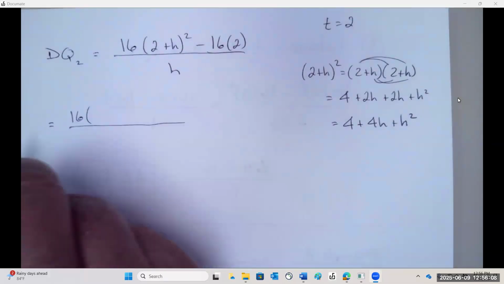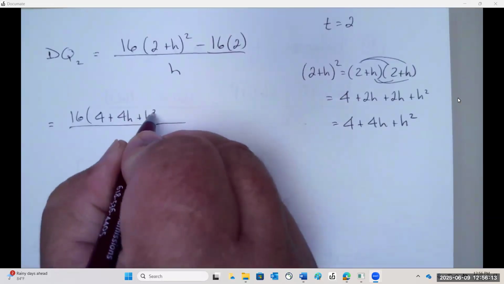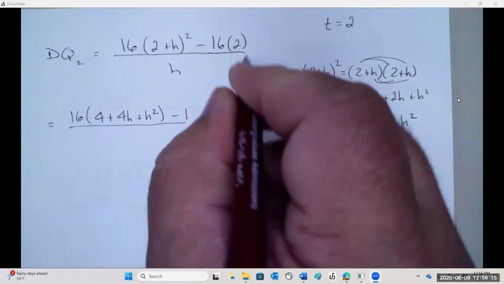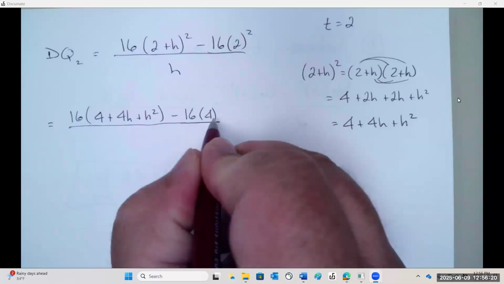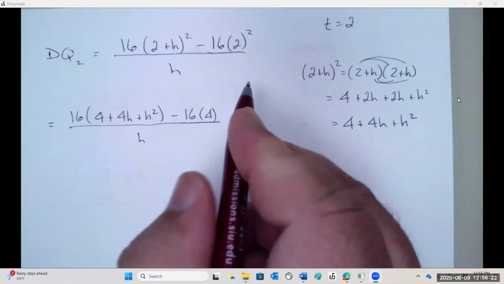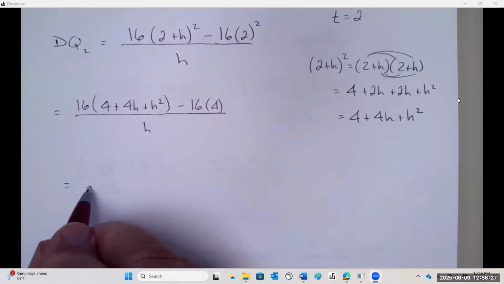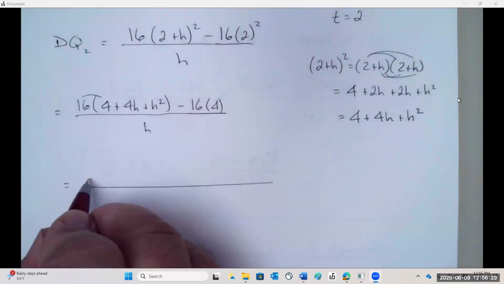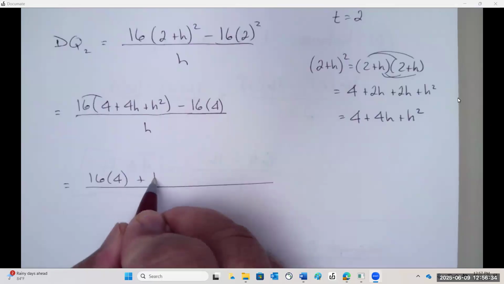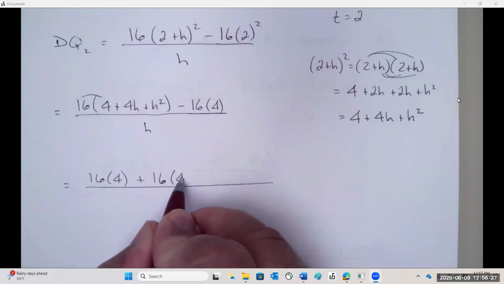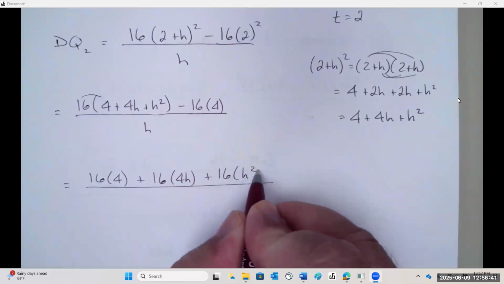We have 16 times (4 plus 4h plus h squared) minus 16 times 4. 16 times 4, 16 times 4h, 16 times h squared.